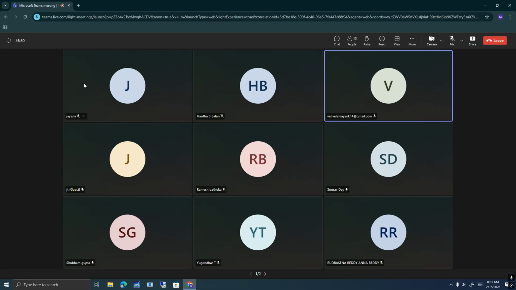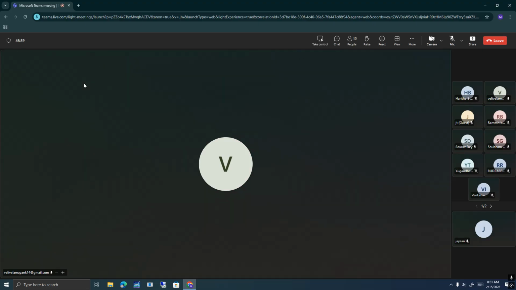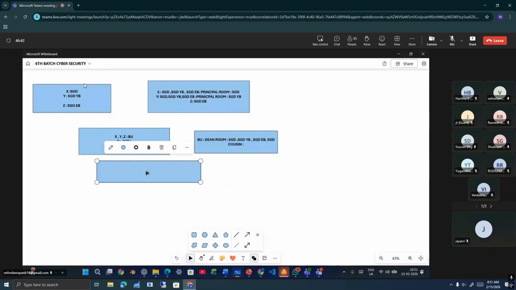Now I will take Thomas. I'll share my screen. Their group, the analyst group. Customer requirements, system architecture, hardware schematic, and pin diagrams.